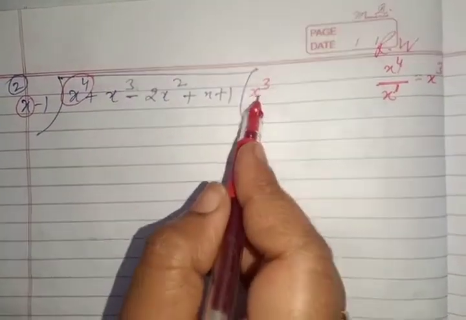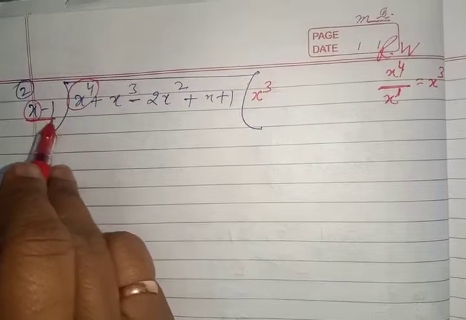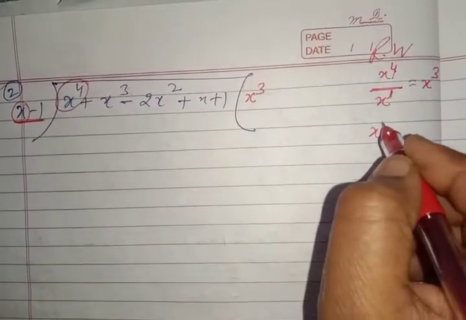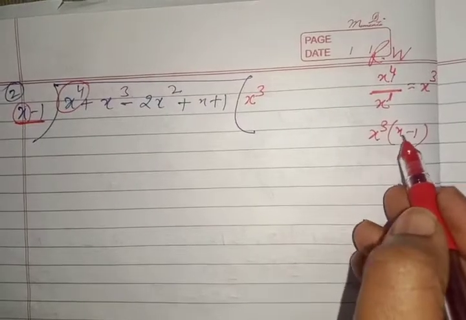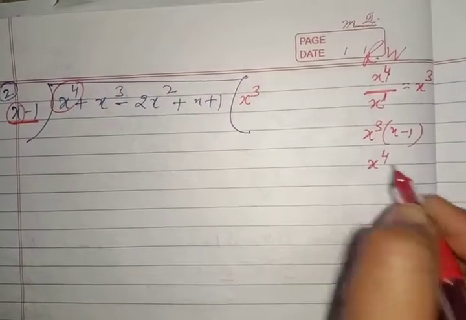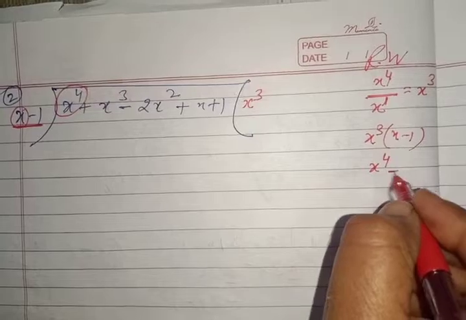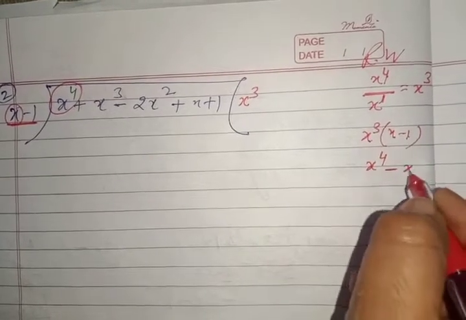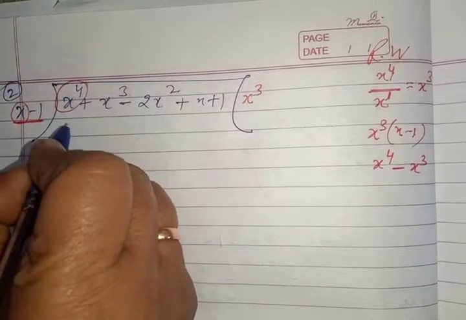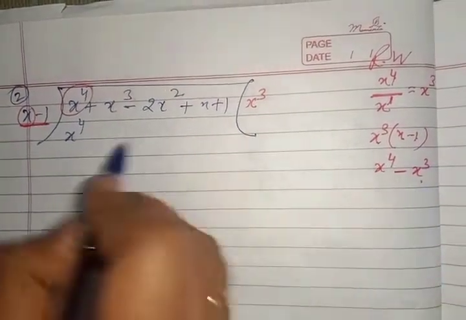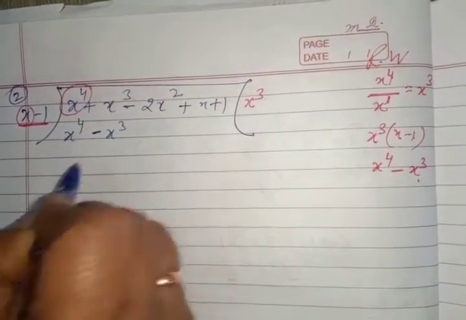Now multiply this x³ with the whole, with complete this. So x³ multiply x minus 1. x³ into x is x raised to power 4, then minus sign, x³ 1s are x³. Right below, right here x⁴ and minus x³.